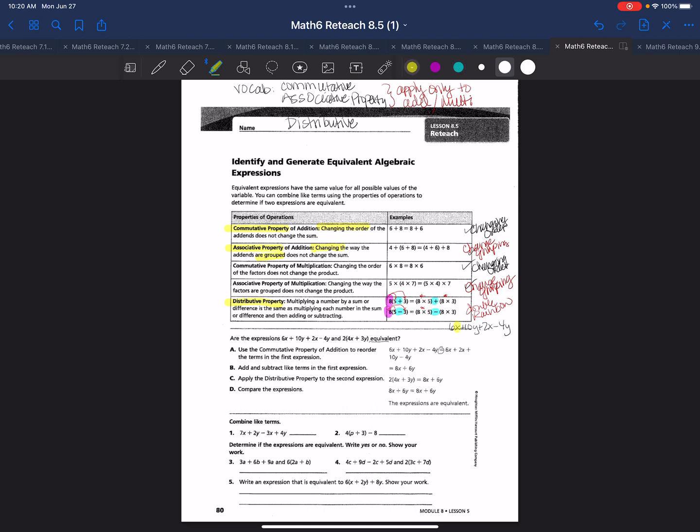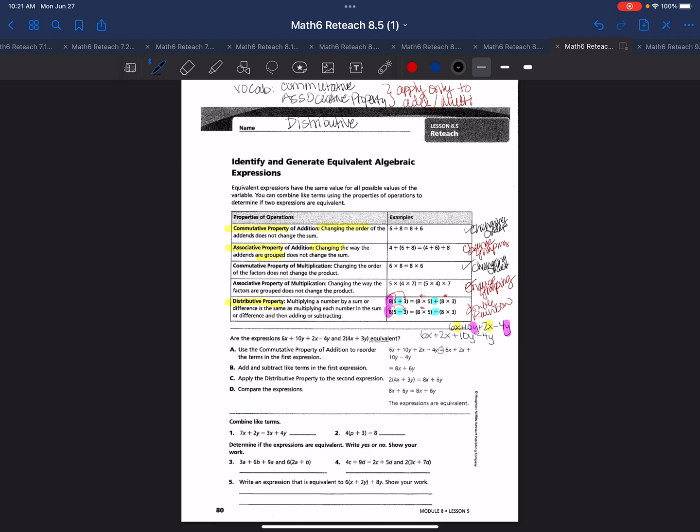So if I notice the x and the x are the same, and then the y and the y are the same. So when I rewrite them, I want to put the coefficients with the x first, so that's 6x plus 2x, and then the coefficients with the y variable second. So then I can combine like terms.